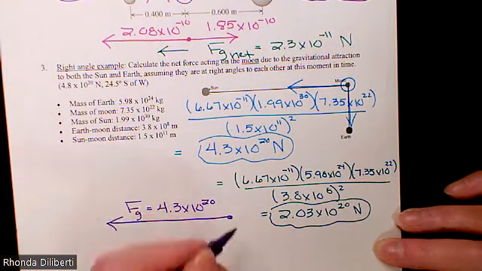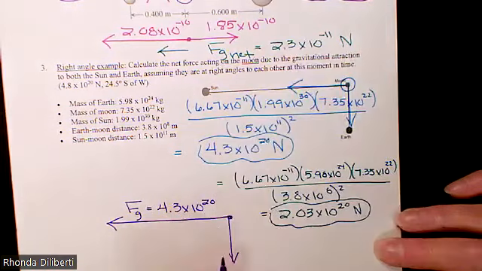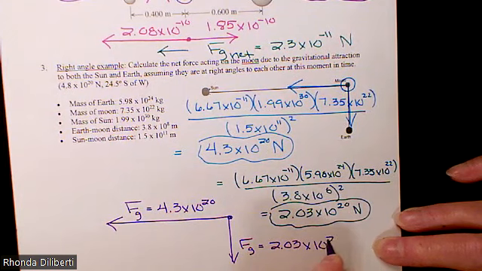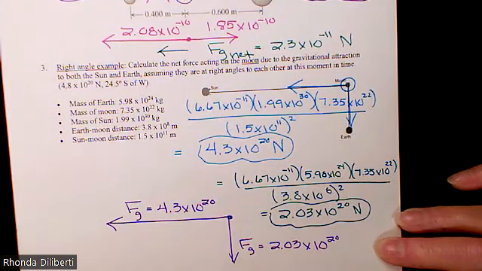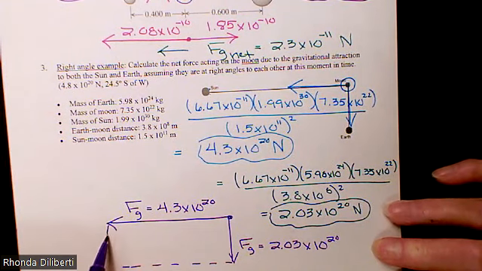And at the same time, the moon is attracted to the earth in this direction with a smaller number. So I made that arrow smaller. So we're just doing vector addition here. And because this is a right triangle, I'm going to make a parallelogram.